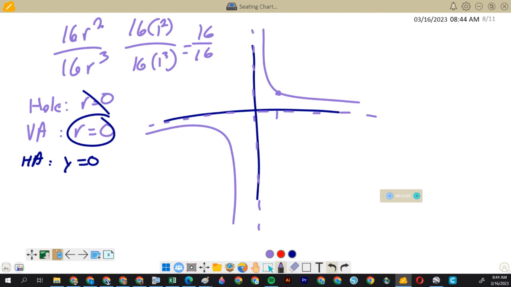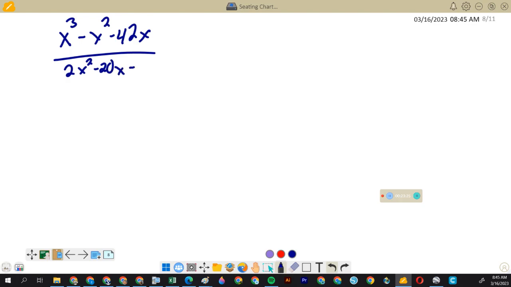Let's do 22. 22 says x to the third minus x squared minus 42x over 2x squared minus 20x plus 42.